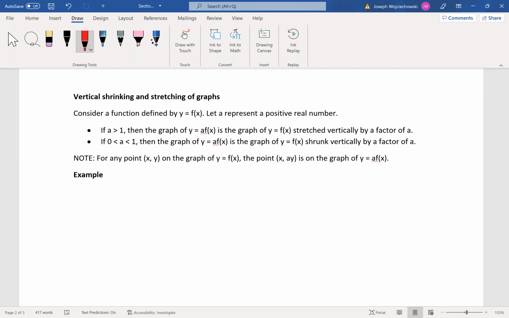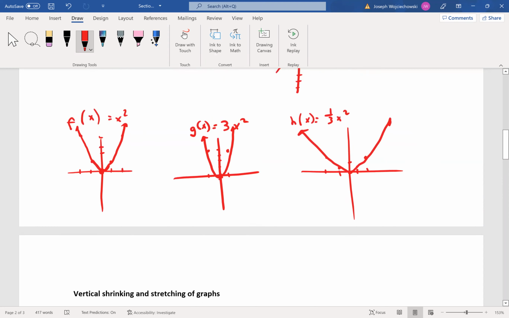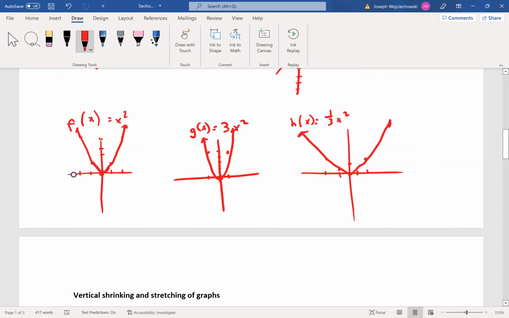So the reality is we just did these. See, we had the point 1, 1 here. We had the point 1, 3 here. 3 times a, or 3 times y. And here we had 1, 1/3.